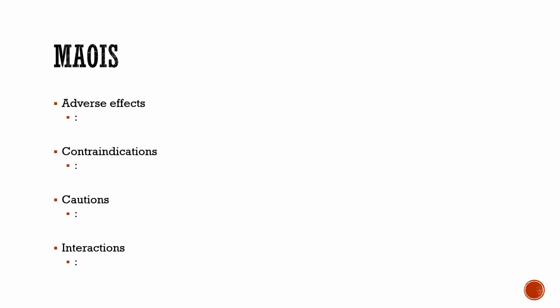Hypertensive crisis when not following the MAOI diet. And the MAOI diet is decreased tyramine. You don't want to eat foods that are high in tyramine. And we'll talk about that here in a minute, about what foods are high in tyramine and why that's important.